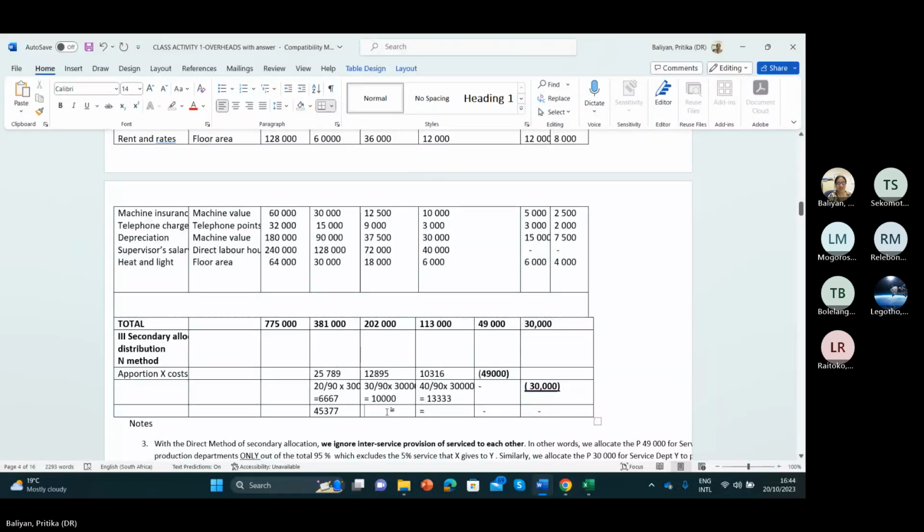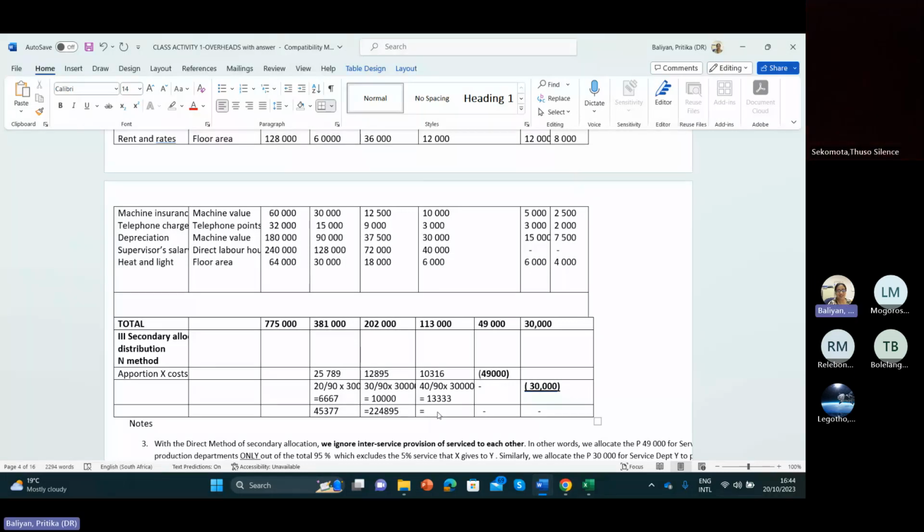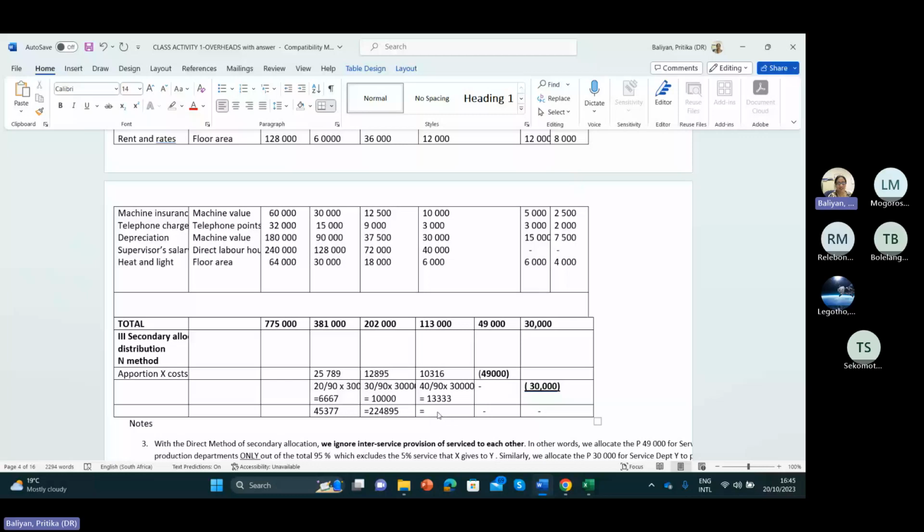224,895, and for department C, plus 1 is 136,649.